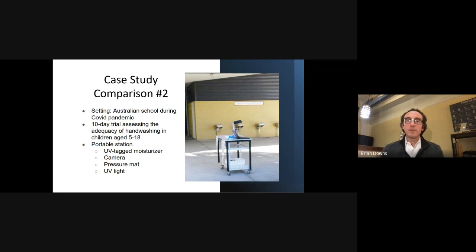So basically for this system, a UV-tagged moisturizer is placed on the hands, and then the hands are scrubbed vigorously. The hands are then placed under a UV camera, and a UV light determines the adequacy of hand washing based on areas of the hands that do or do not show up under the UV light. A pressure mat is the trigger that starts the camera viewing of the hands. Next slide, please.